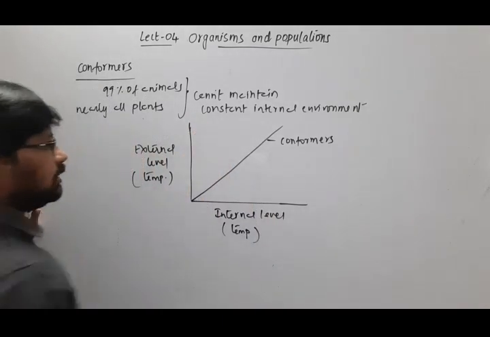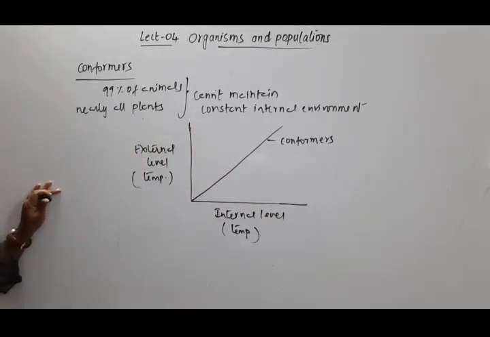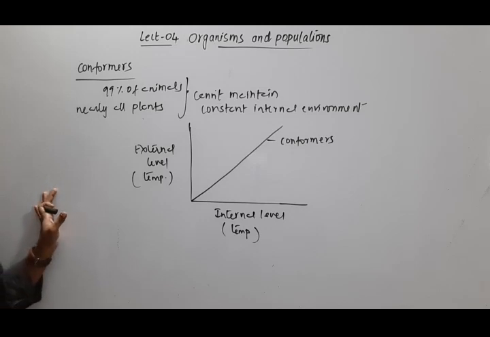So this is the ambient temperature. The body temperature depends on ambient temperature, which means the temperature that surrounds the organism. When that temperature rises or decreases, if the temperature is decreasing, then the internal temperature of that organism also starts decreasing.